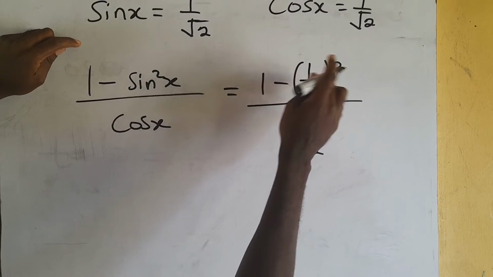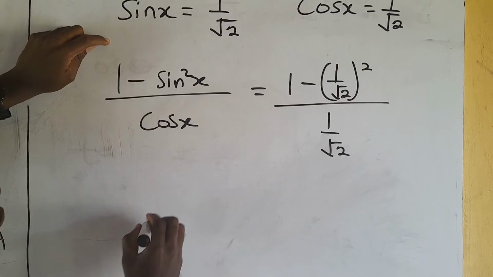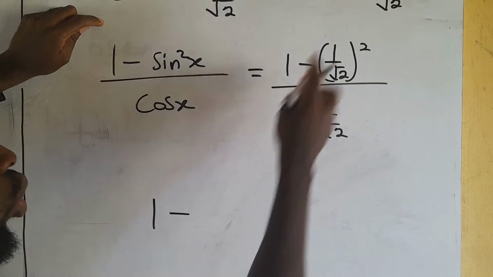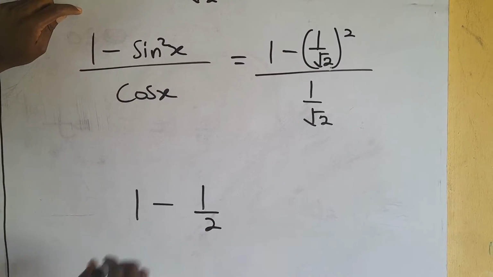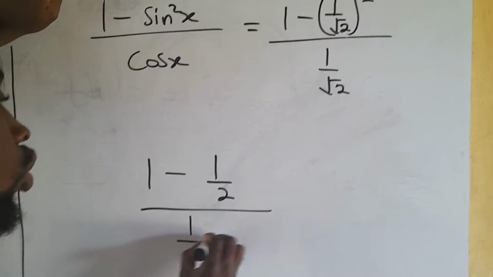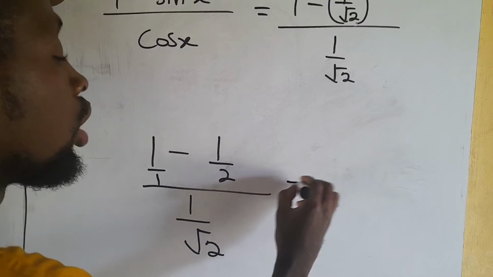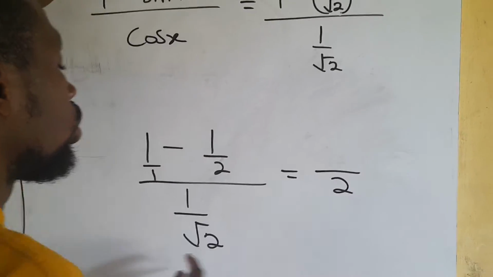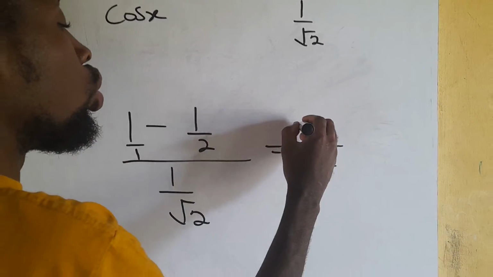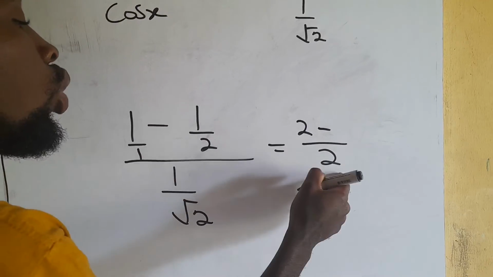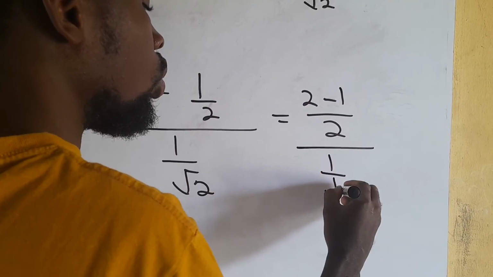What will we have? Remember, root 2 squared is the same as 2. So here we have 1 minus 1 squared, which is 1, over root 2 squared, which is 2, over 1 over root 2. So we solve this. The LCM there is 2. 1 will go into 2 once, 2 times 1 will be 2, minus 1, all over 1 over root 2.